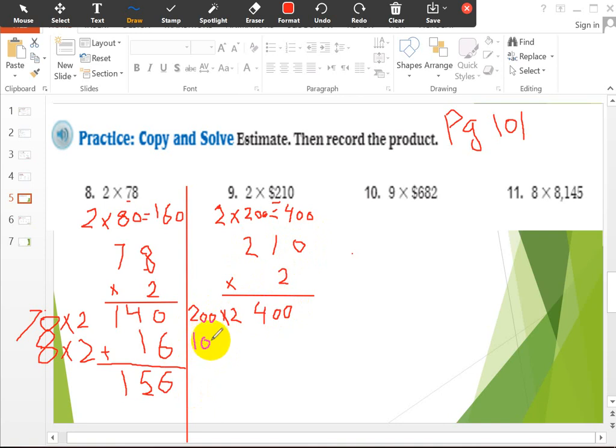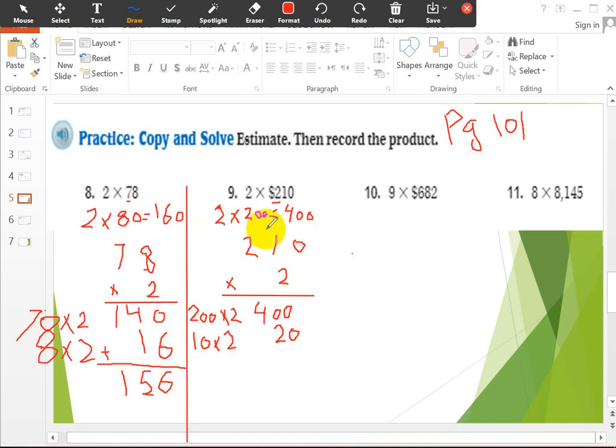Now, 10 multiply 2 equals what? Thank you, girls. Thank you, Zain. So 1 multiply 2 equals 2, and put a 0 next to the answer, so it will be 20. This is the next answer. Now the last one, I have 0 in the ones digit.